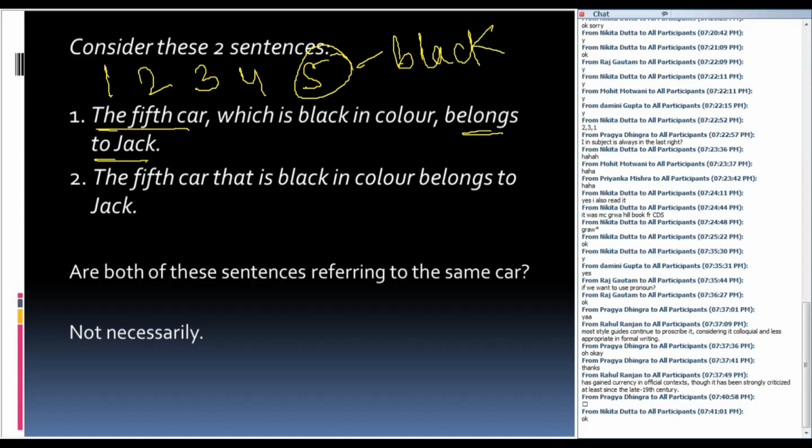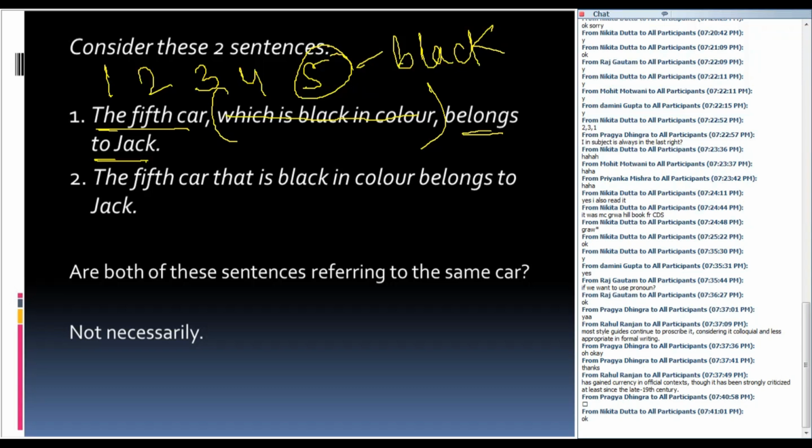But even if I remove this information, you still know that Jack's car is car number 5. But yes, I have given you additional information that this car number 5 is black in color.